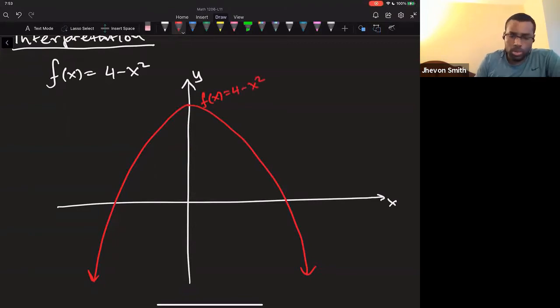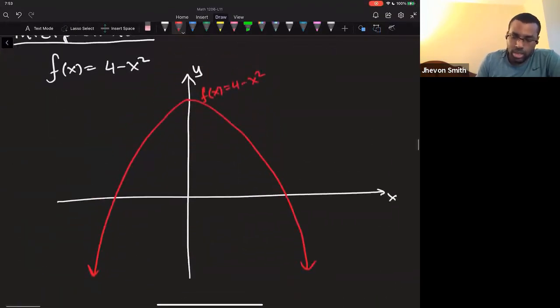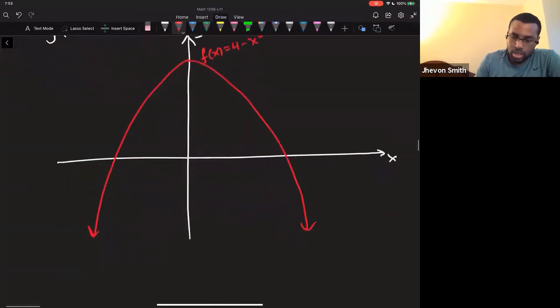I am on the interval -1 to 3, I think. I know, well, we would know that this here is at 2, this here is at -2. So I am at -1 to 3.